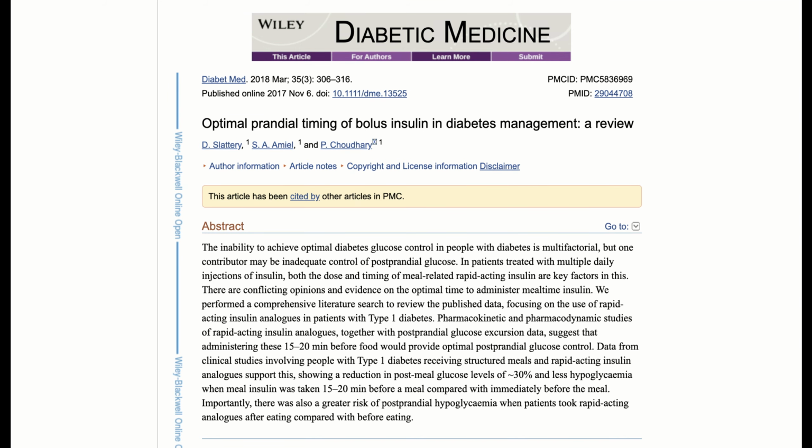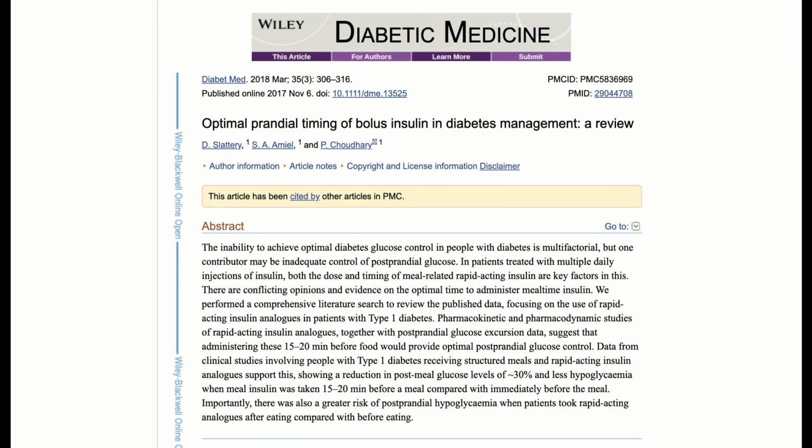But in this recent literature review, they found that administering insulin or rapid acting insulin 15 to 20 minutes before food would provide optimal postprandial glucose control. Data show that there is a reduction in post-meal glucose levels of approximately 30%.